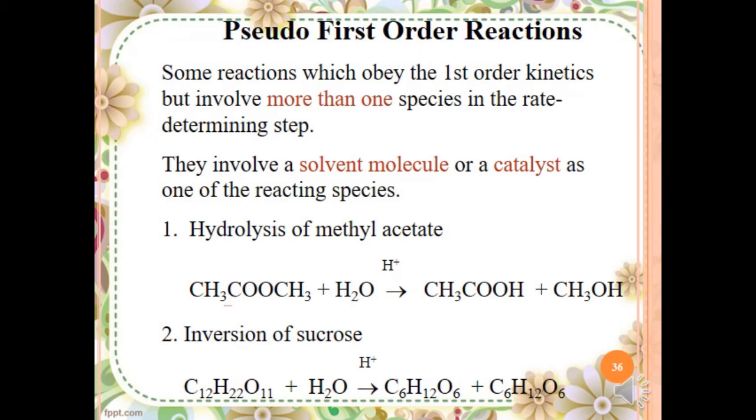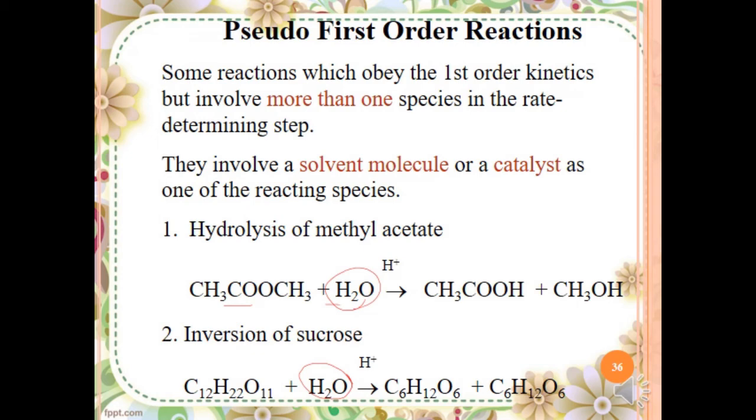So you have two reactants here, and one of them is the solvent molecule. Or another example here, inversion of sucrose. So we have again a solvent molecule. So that is pseudo first order.